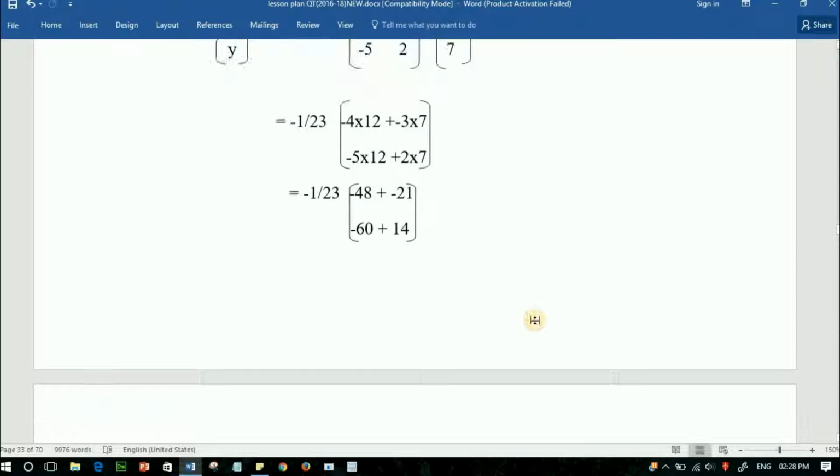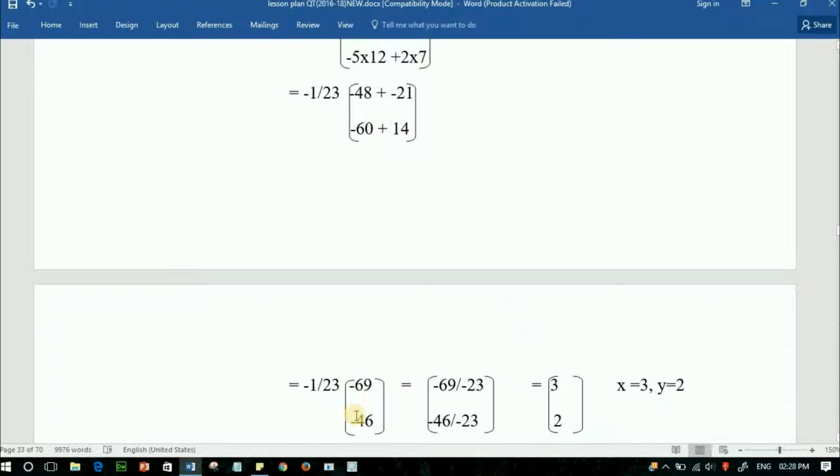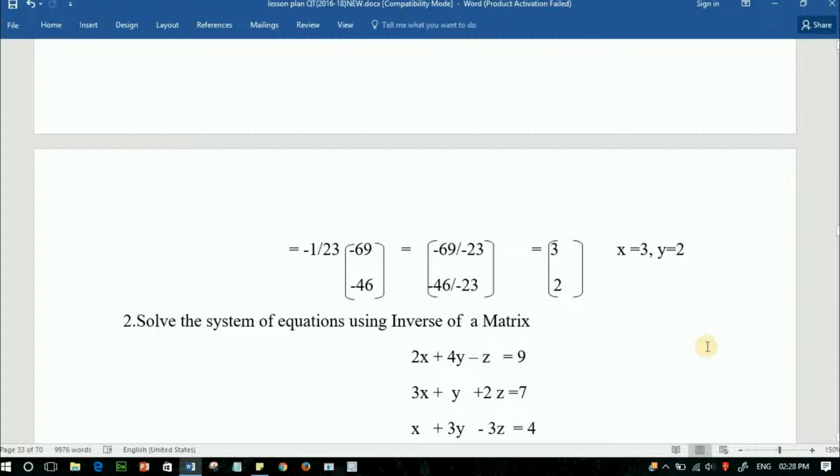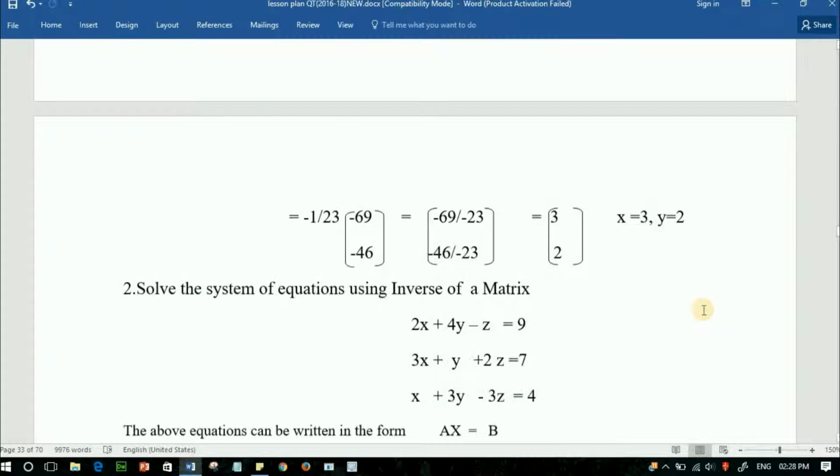Evaluating, we get 1 by -23 into [-69; -46]. Dividing separately by -23, we get -69 by -23, so the answer is 3, and -46 by -23, so the answer is 2. So x = 3 and y = 2. The solution of that equation is x = 3 and y = 2.